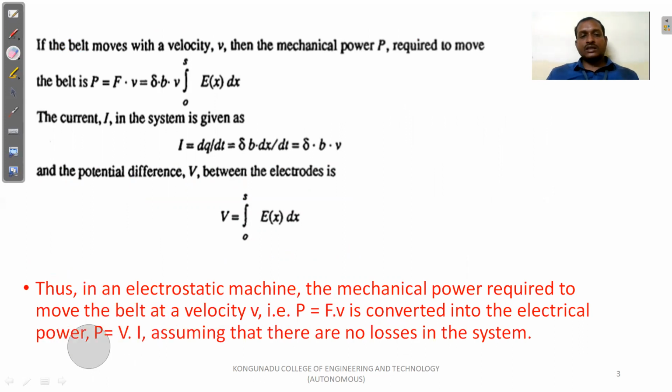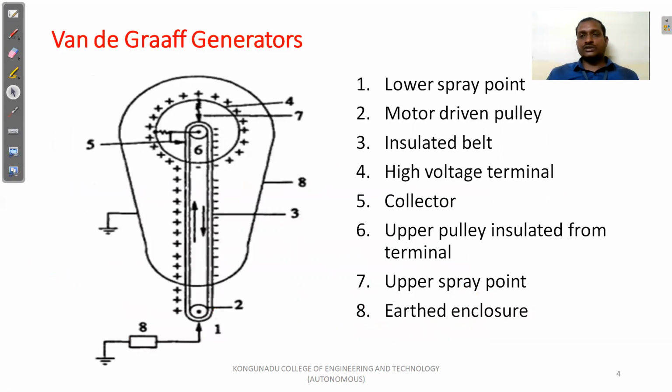The Van de Graaff generator is used to generate high voltage DC. These are the parts of the generator. It has two electrodes, a lower electrode and a higher electrode, which is sphere shaped. At the lower spray point, we spray the positive charge in the range of 10 to 100 kilovolt.